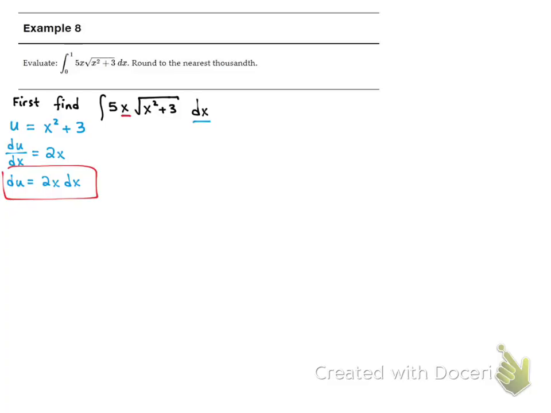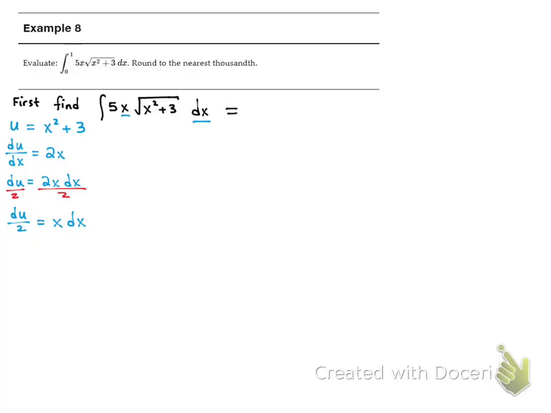So solving this equation for just x times dx means we need to divide both sides by 2. So then we'll get du divided by 2 equals x dx. So now we can replace the x dx in our integration with the du over 2.